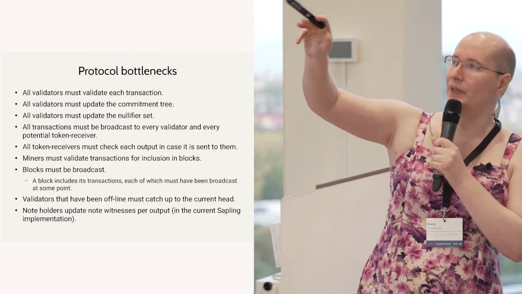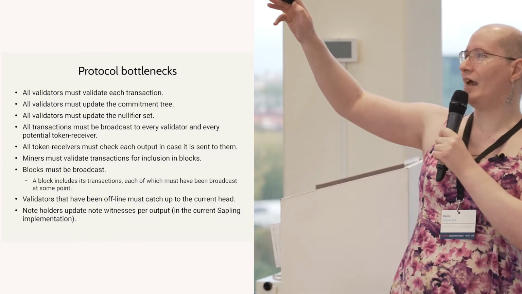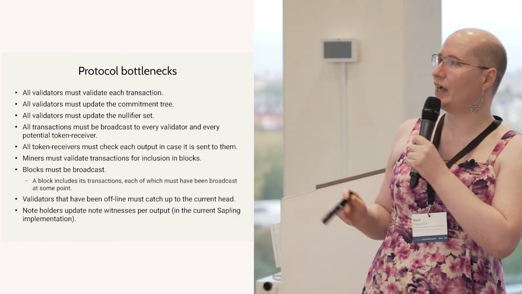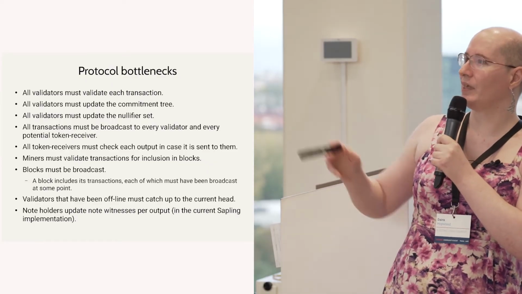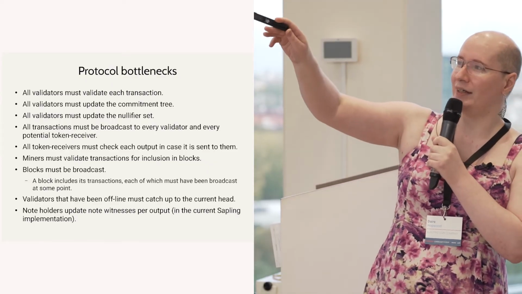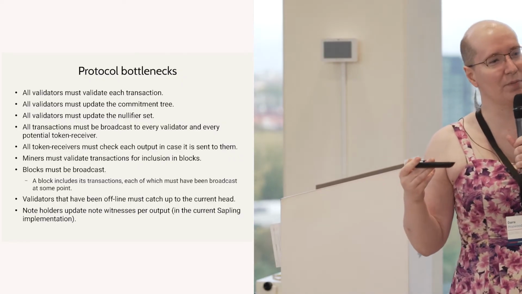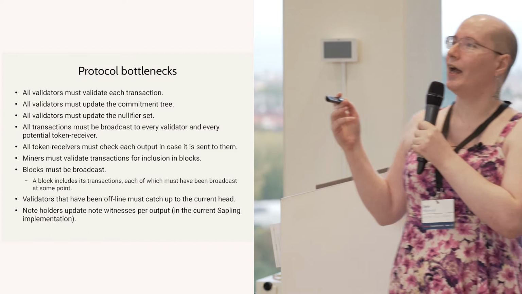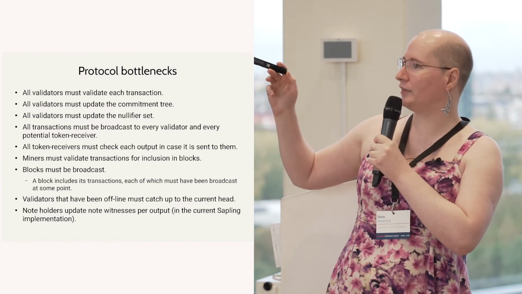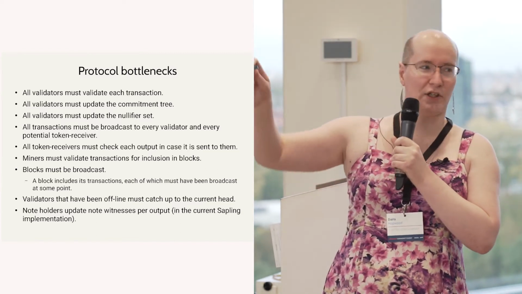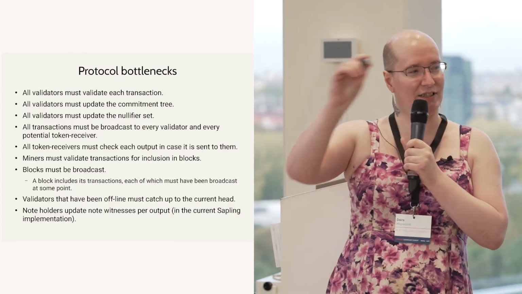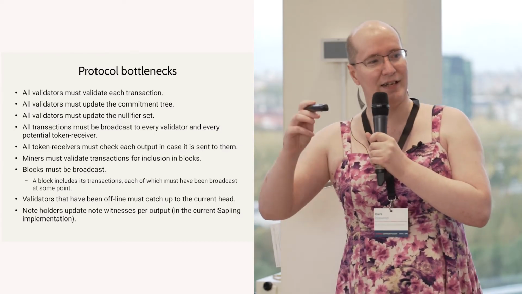All of the potential token receivers have to trial decrypt each output. Miners should validate transactions before they put them in blocks, though they don't always do that. You have to broadcast the blocks. A block includes all of its transactions, so they're literally included in the data of the block.